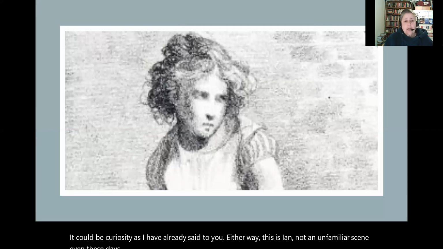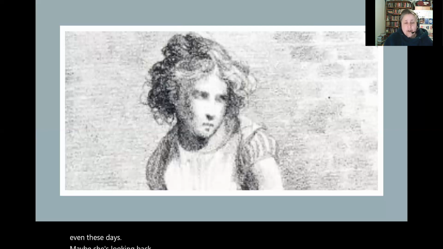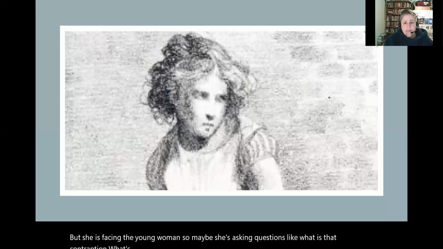Maybe she's looking back in response to the young toddler asking questions. In fact, we don't see the face of the young toddler, but she is facing the young woman. So maybe she's asking questions like, what is that contraption? What's wrong with that woman? The sort of conversations that happen today with children.